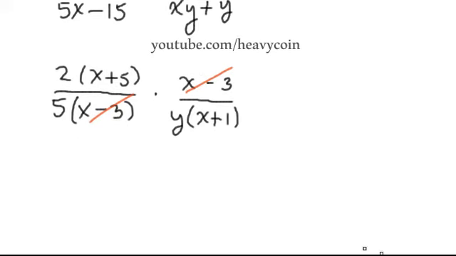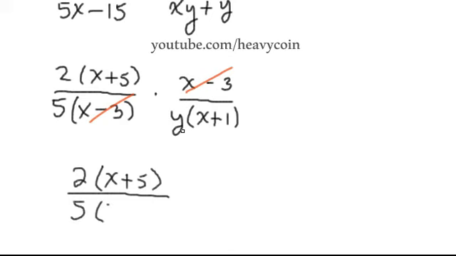Alright, so we're going to be left with 2 times x plus 5 over 5 times, oops, don't forget the y, about forgot it. Let's throw the y in right here, and then this would be x plus 1 right there. Alright, so we're done with that.